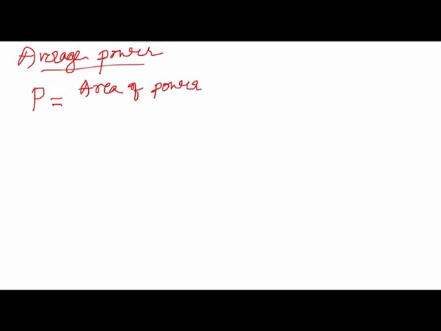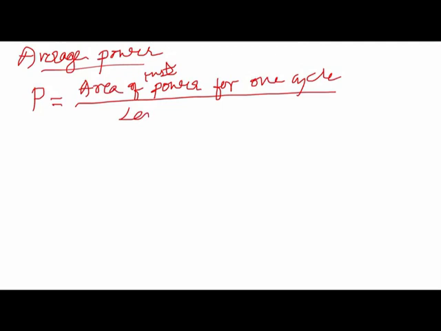The average power consumed by the pure R circuit is represented by the letter P. The formula for the average power is the area of the instantaneous power wave for one cycle divided by the length of the base.